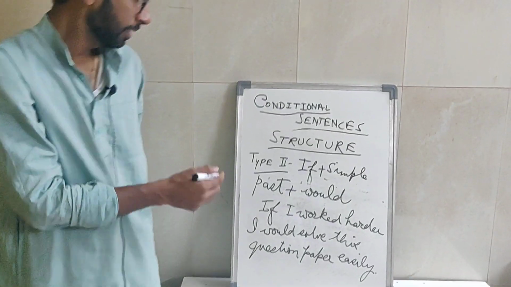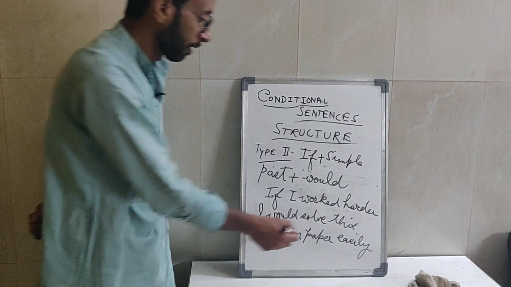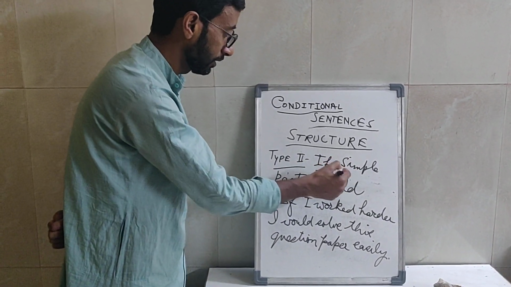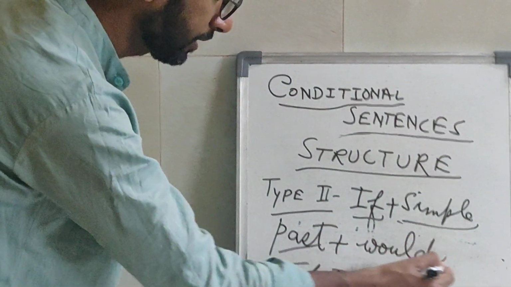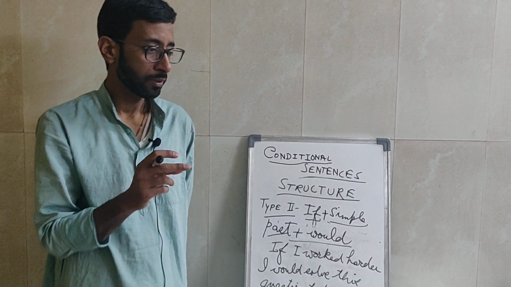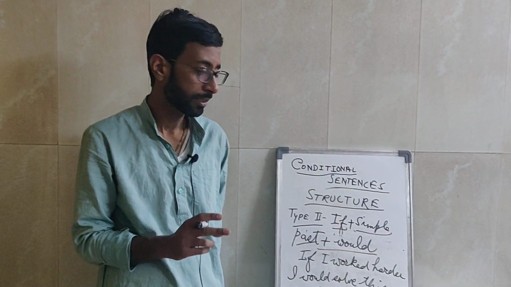So as I just said, it talks about those conditions which are probable, and again its structure is the first clause if plus simple past plus would. There is one more thing which we need to keep in mind whenever we are using conditional sentence type second.